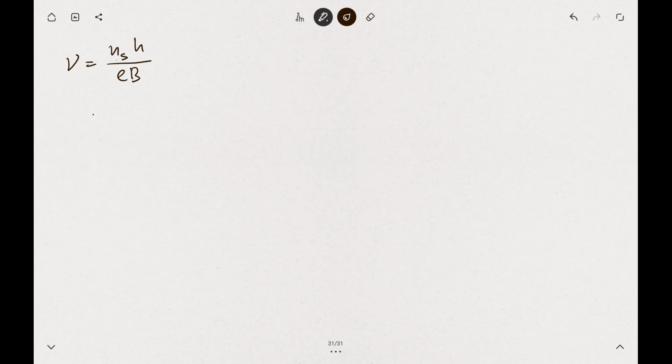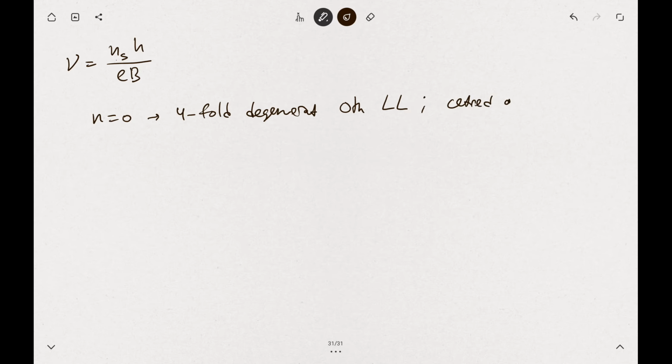And at n equals 0, you will have a 4-fold degeneracy at the 0th Landau level, and it's centered at E equals 0. And that means also ns equals 0, so the carrier density is 0. And it has to be separated by the filling factors of plus minus 2 in order for it to be symmetric.